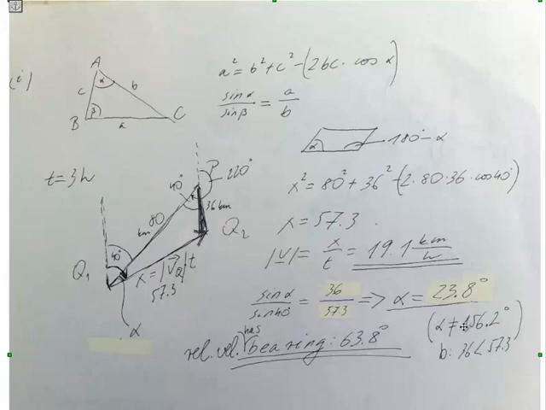Alpha is not equal to this angle because this side is less than this side, so its opposite angle is less than 40, so alpha isn't equal to this value, and we need this angle. Bearing means to the north, so 40 plus alpha is 63.8 degrees.